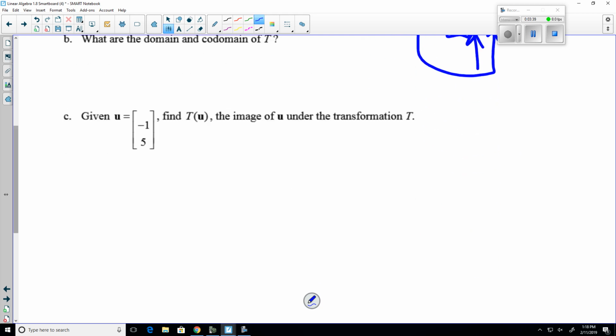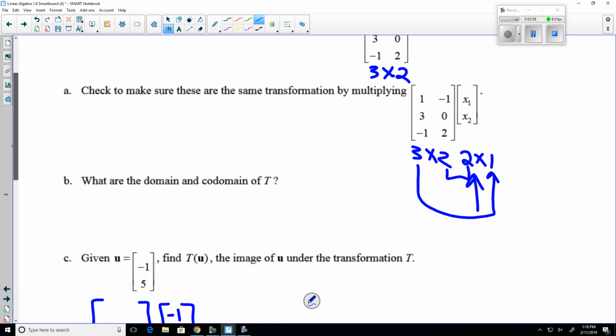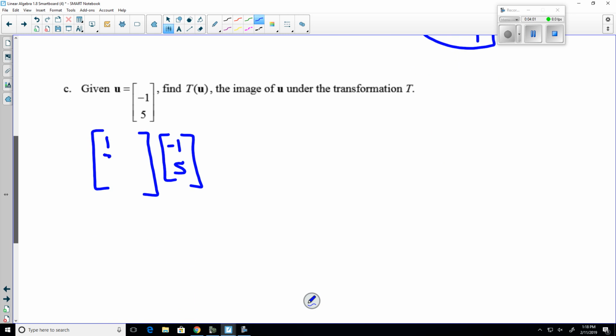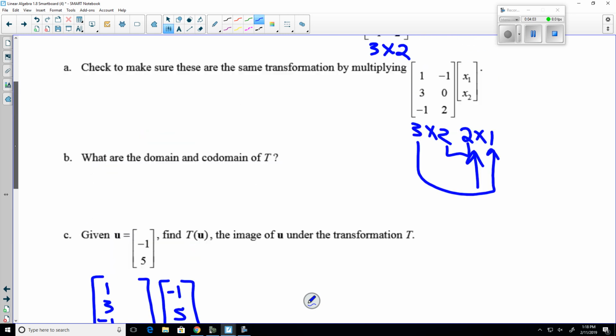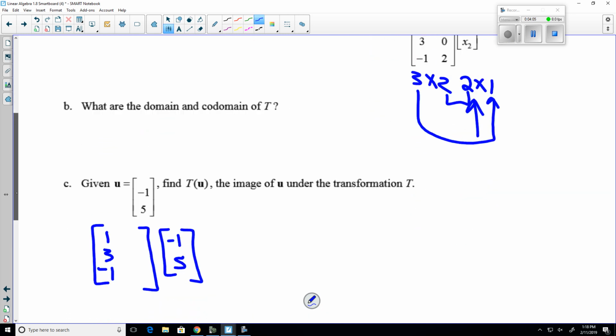So we have an R2 vector, U. We have to find T of U. So that's the image of U under the transformation T. So all you have to do is multiply A times U. So A was 1, 3, negative 1, negative 1, 0, 2.